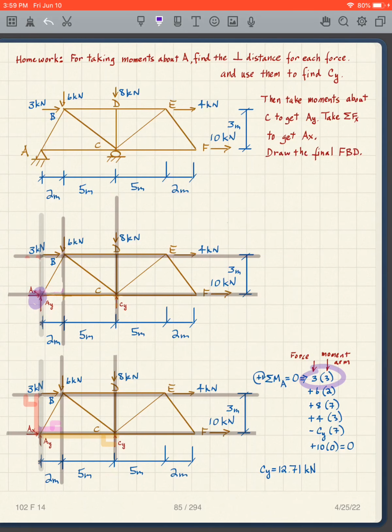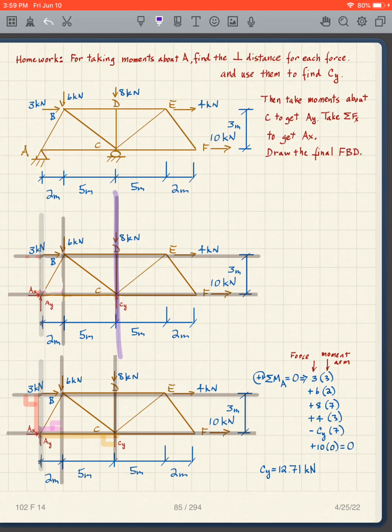And it's positive because this is going clockwise. The 6, line of action for the 6, the distance is 2. And we can see that it also goes clockwise. So it's positive 6 times 2.